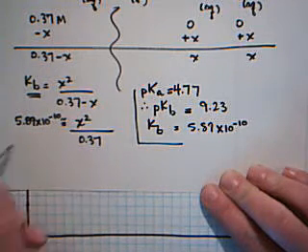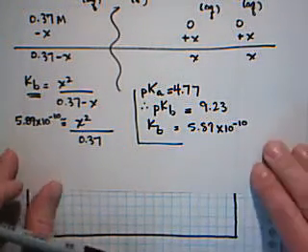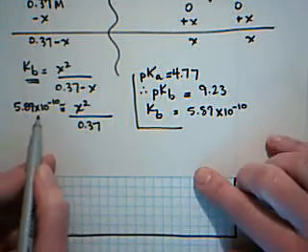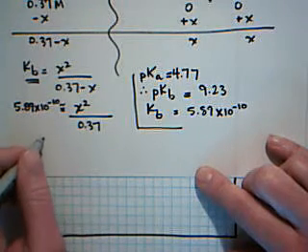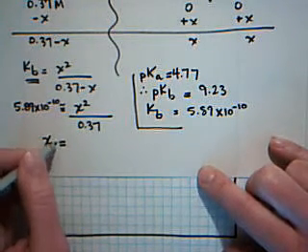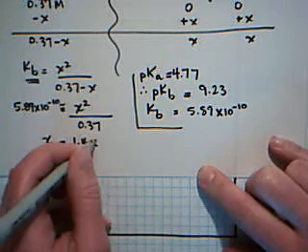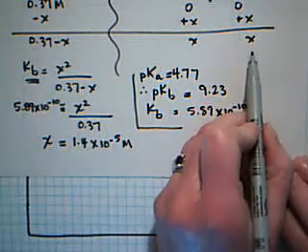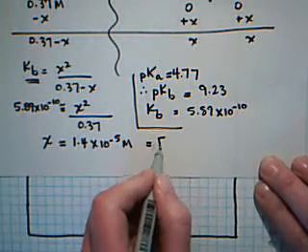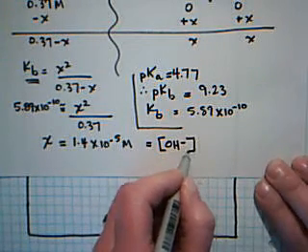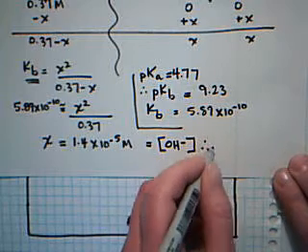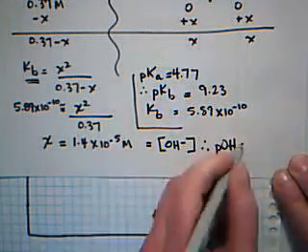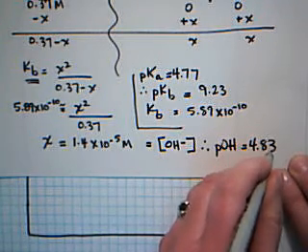So we'll say about equal to, and we'll use our little 5% rule there. Okay? And so therefore X squared is equal to 5.89 times 10 to the minus 10 times 0.37. Solve for X. We get X being equal to 1.4 times 10 to the minus 5 molar. Now what was X? X is my OH minus concentration at equilibrium. Therefore, my pOH is the negative log of this number, and that's 4.83.